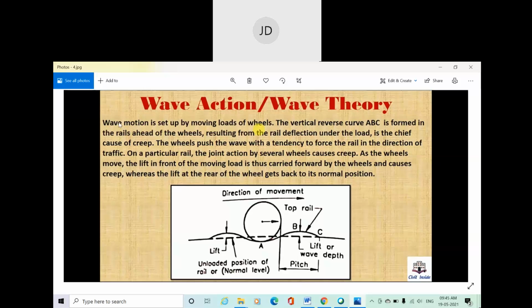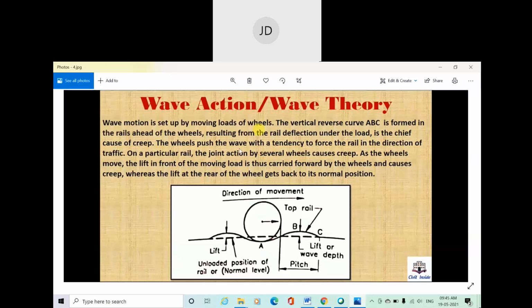So wave action is set up by moving loads or wheels. The vertical reverse curve is formed in the rail ahead of the wheels, resulting from the rail deflection under the load, and it is the chief cause of creep.